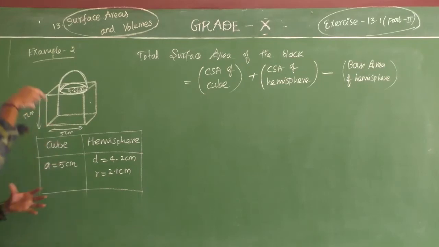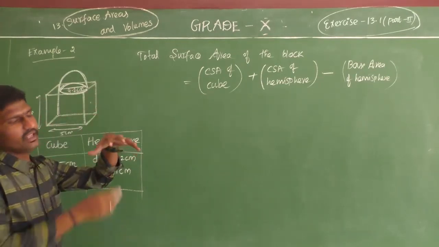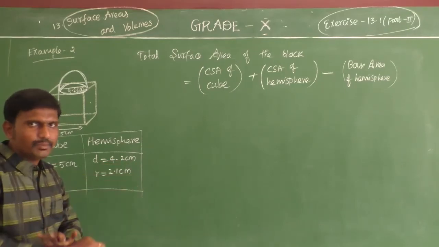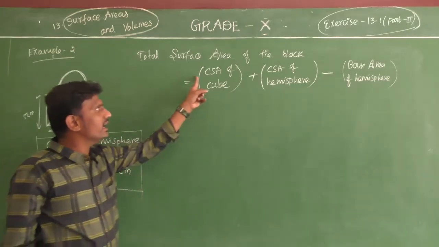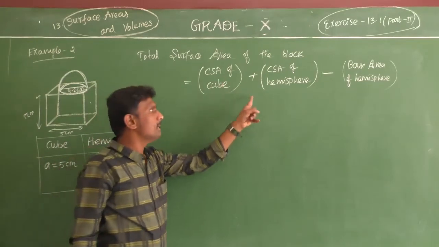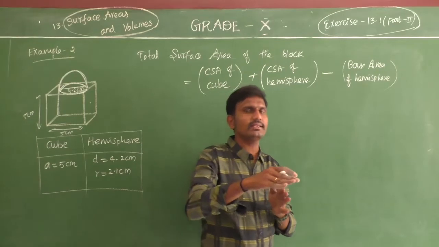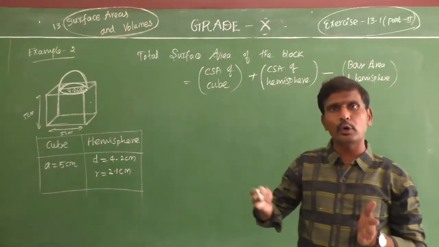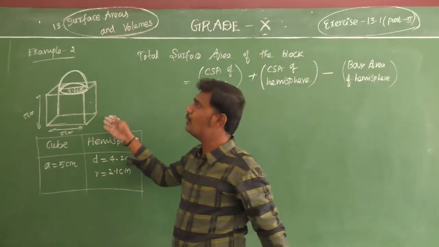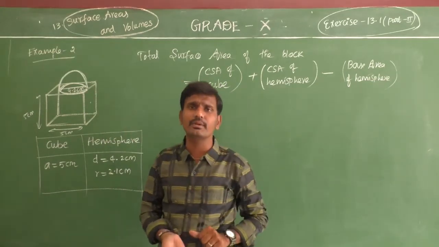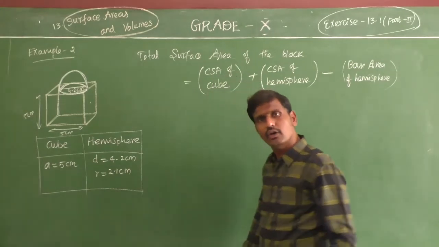So if you are going to fix it on the cube top, one area is missing. That's why I am taking CSA of the cube plus CSA of the hemisphere minus the base area, because that base area is common to both, the cube as well as the hemisphere. I am going to fix it on the top, that's why. Have you got it, children?